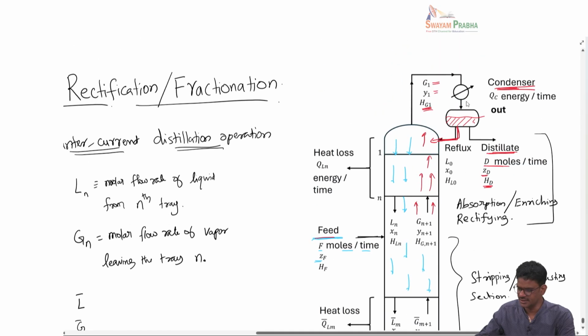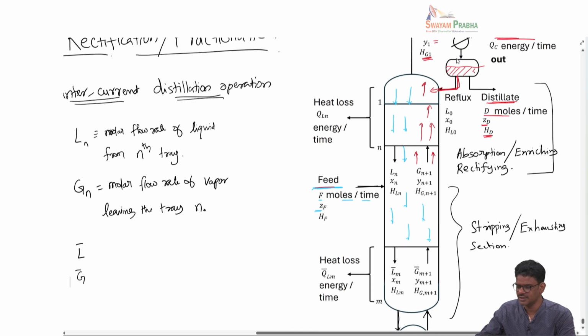Now let's introduce some terminology. Looking at this condenser operation, the vapor coming out of the top of the column is condensed in the condenser, and some part of this liquid is sent as reflux back to the column to enable the operation, and the remaining is taken out as distillate, which is the product that we want.